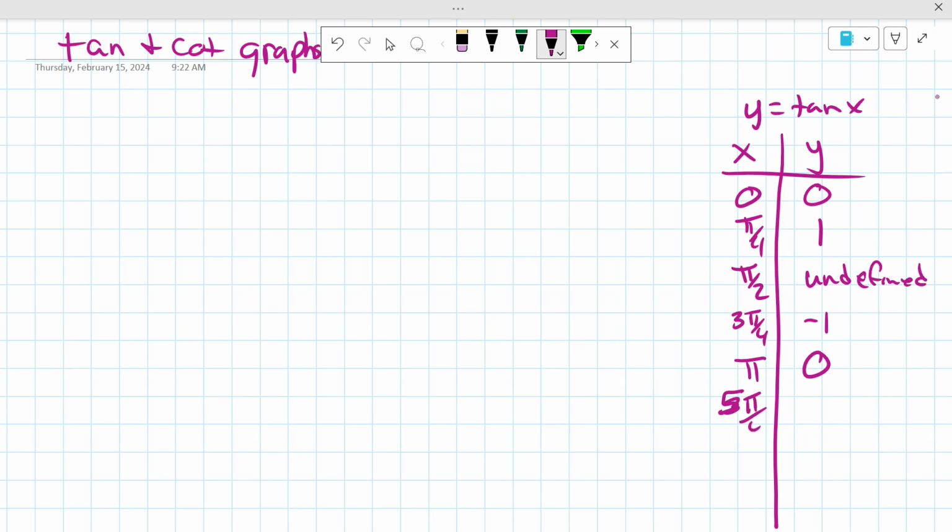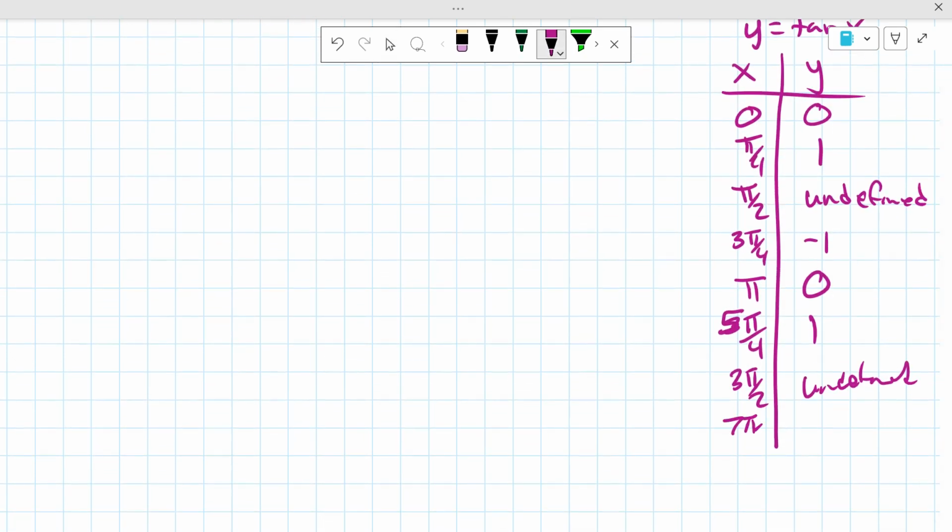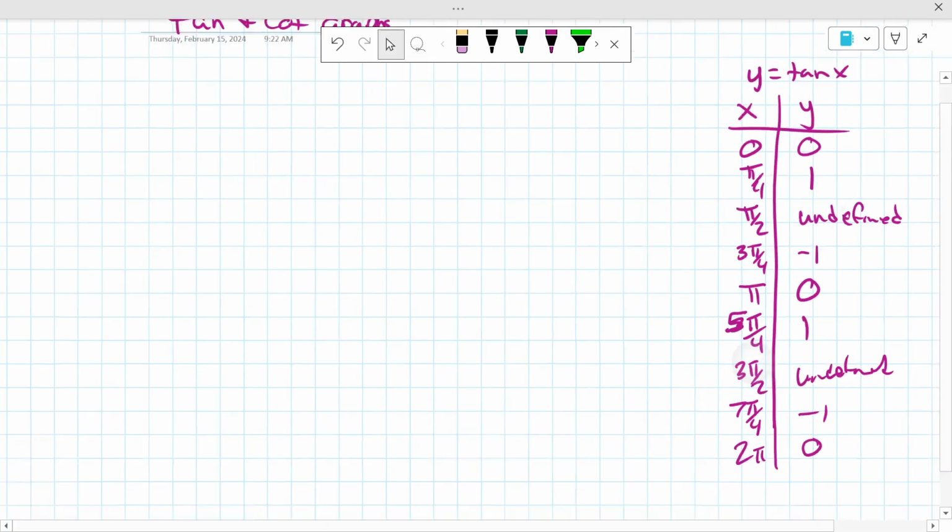5 pi over 4 is where we're at now. What's tangent of 5 pi over 4? 1. 3 pi over 2, negative 1 divided by 0, undefined. 7 pi over 4, negative 1. 2 pi, 0.